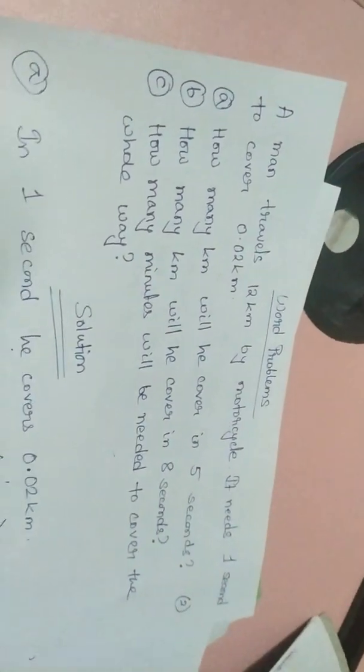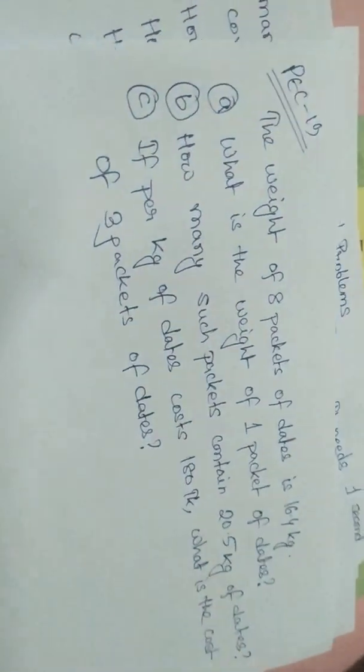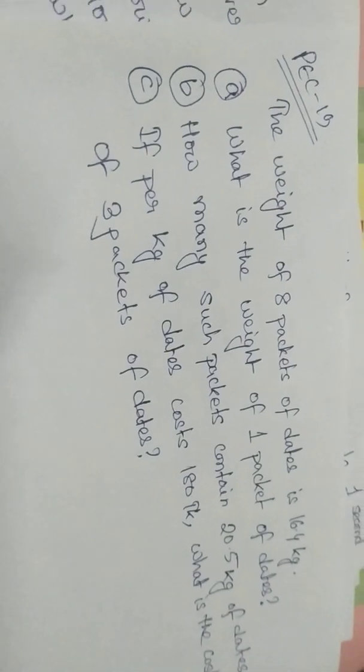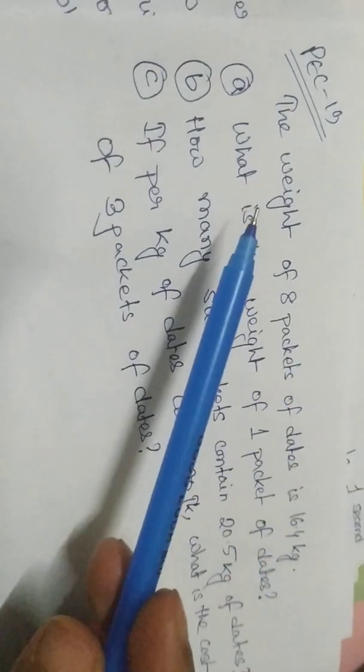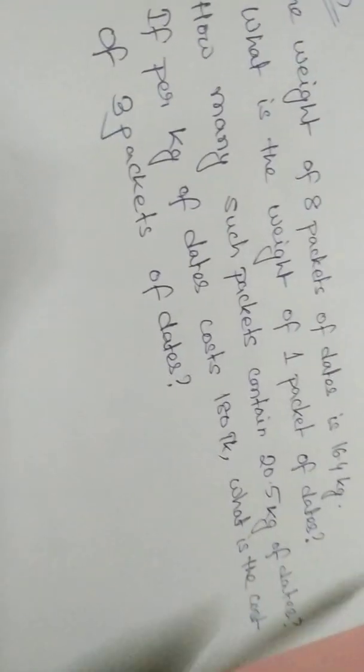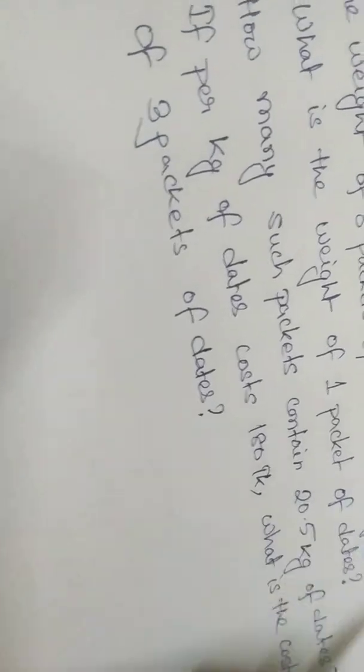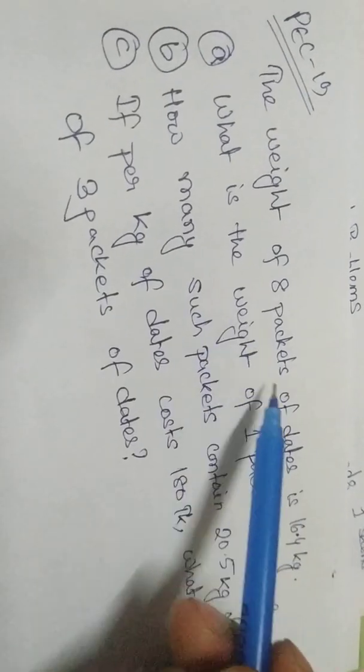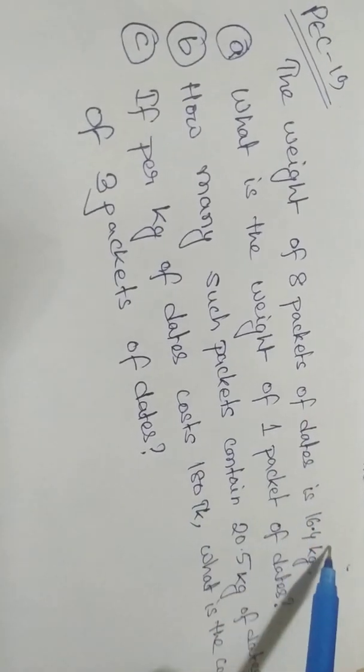I'm going to discuss another problem today, which is this. So please, I'm reading out the question. Please listen carefully. What's given over here? The weight of 8 packets of dates is 16.4 kg.